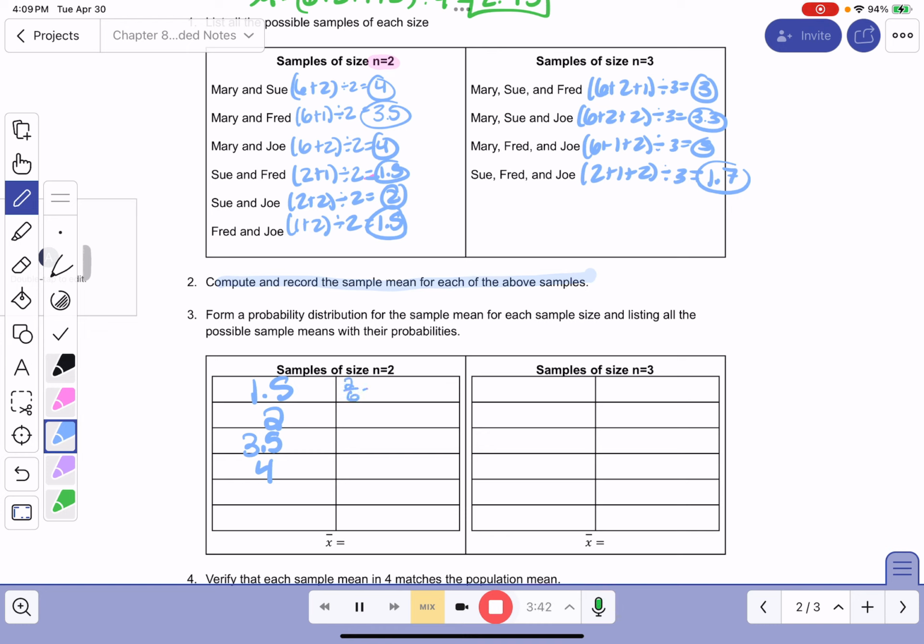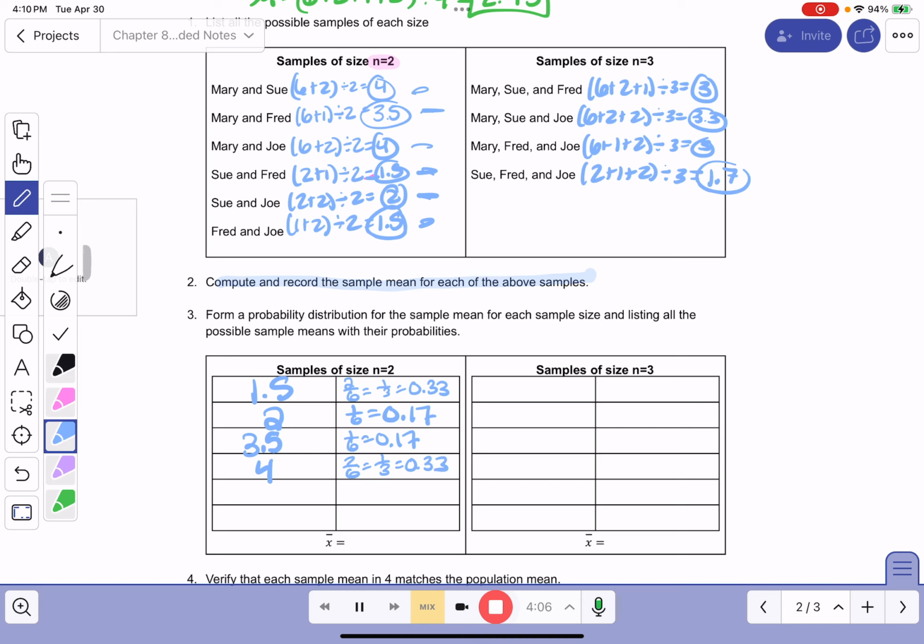So 2/6, which is 1/3, which is 0.33. Out of those same 6, only 1 had 2, so 1 out of 6, which is 0.17. Only 1 had 3.5, and 2 had a 4.